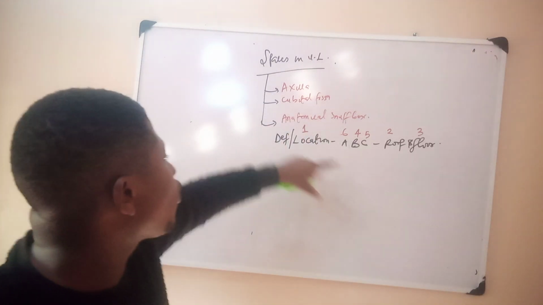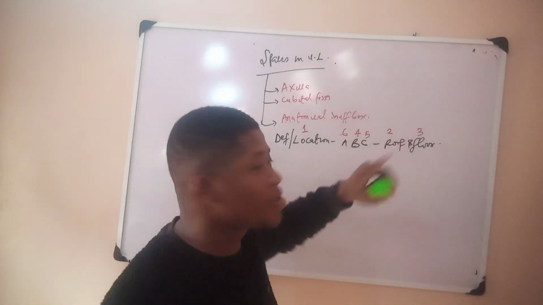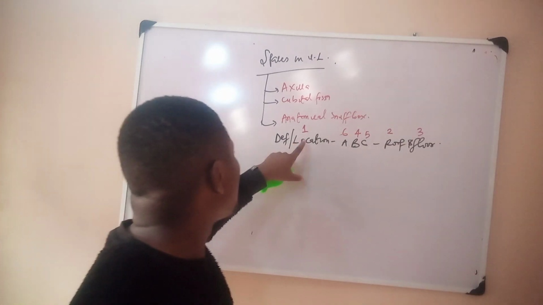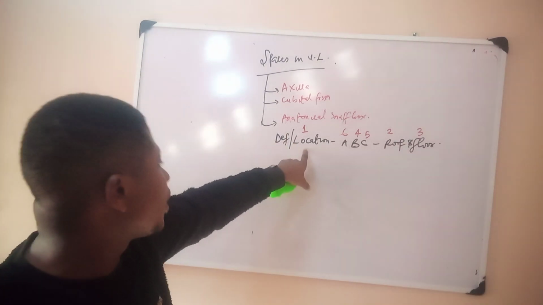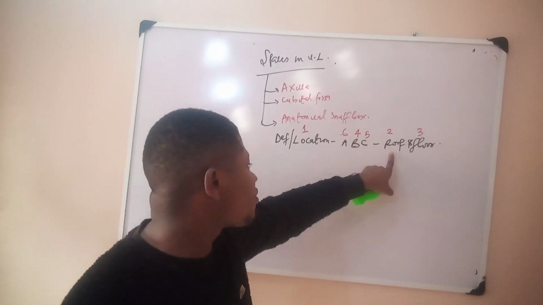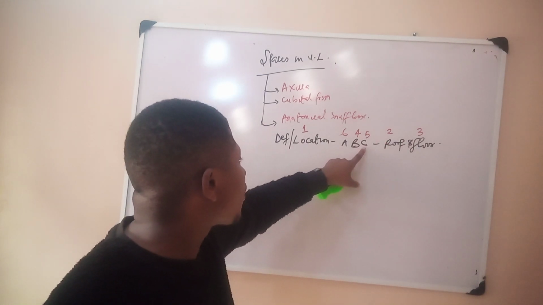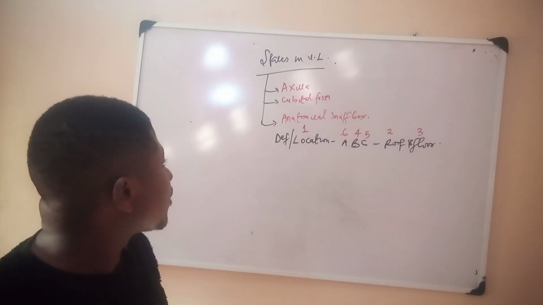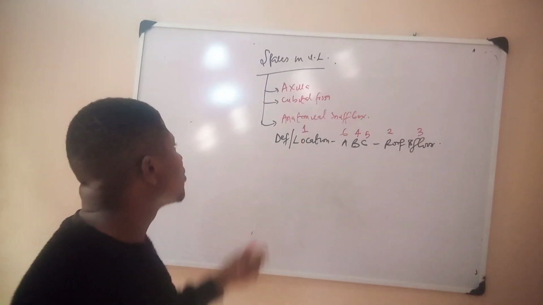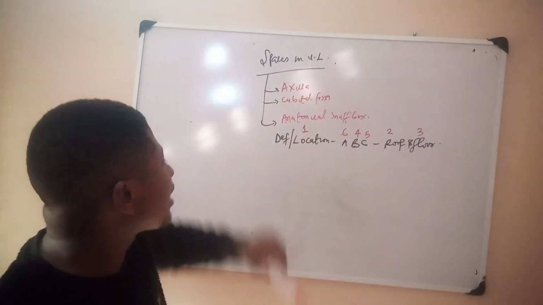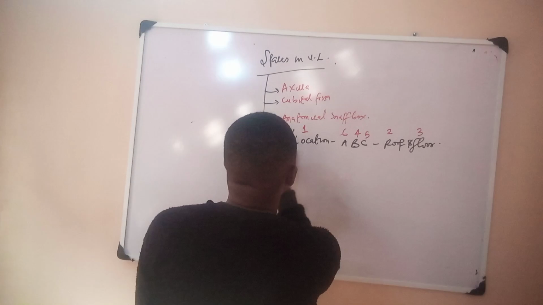So we will define using the shape, then locate, then talk about the roof, the floor, the boundaries, the contents, and applied anatomy. I'm going to use this format for the axilla now. After the axilla, I'll talk about the cubital fossa and the anatomical snuff box.